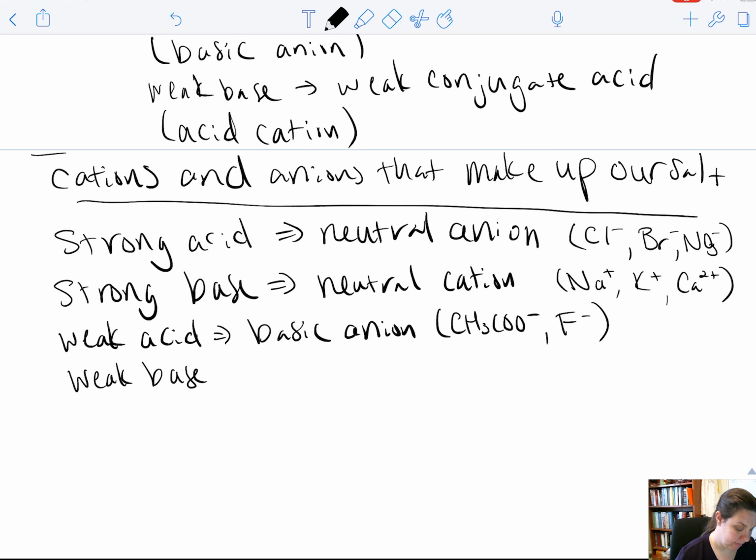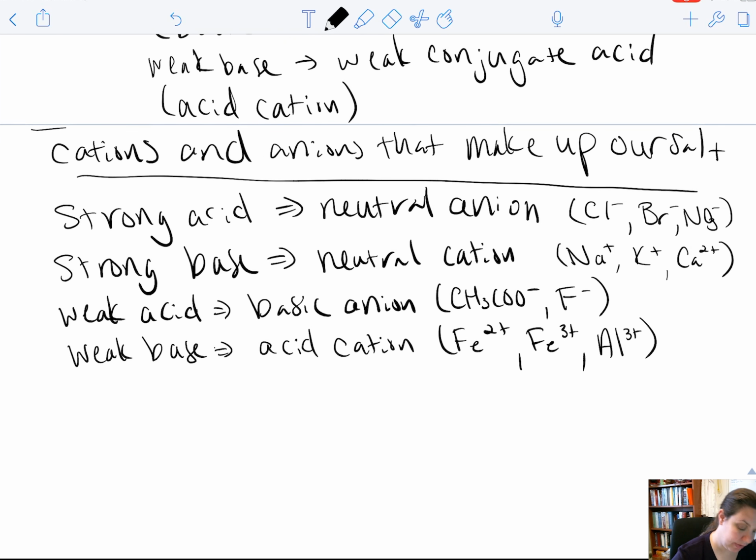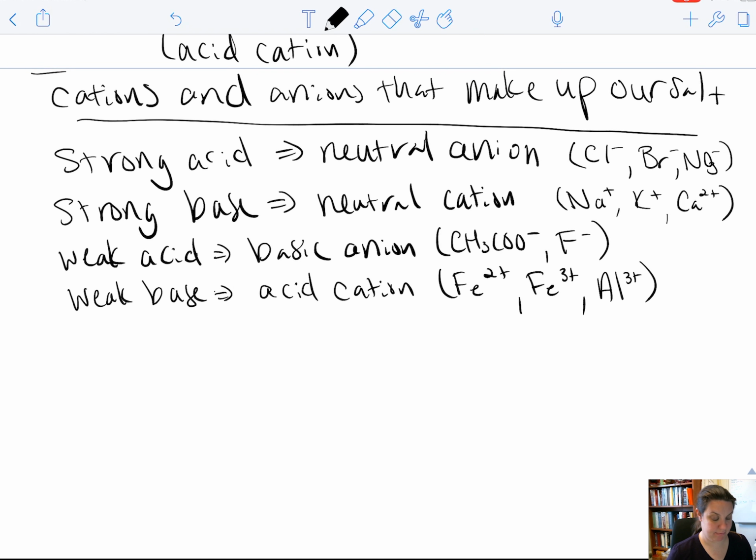Weak base, acidic cation, so something like Fe2 plus, Fe3 plus, Al3 plus, those type of things. Okay?